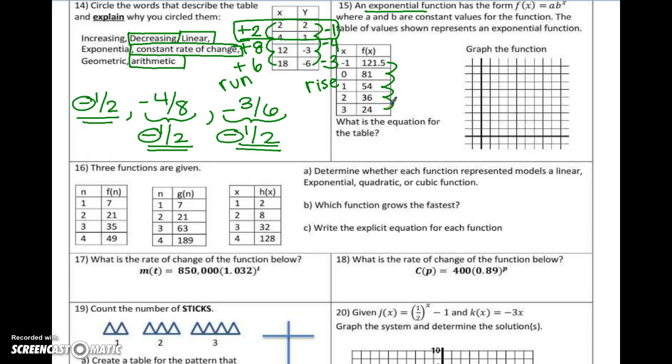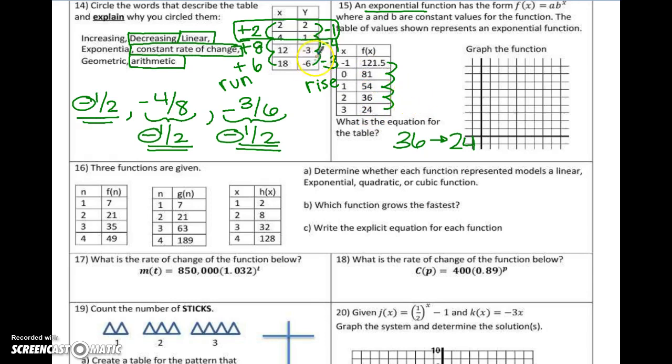And so to figure that out, these numbers are a little bit hard to figure that out, right? If I go from 36 to 24, I'm not quite sure what that's multiplying by. So what you can do is take the second number, the bottom, and divide it by the top.